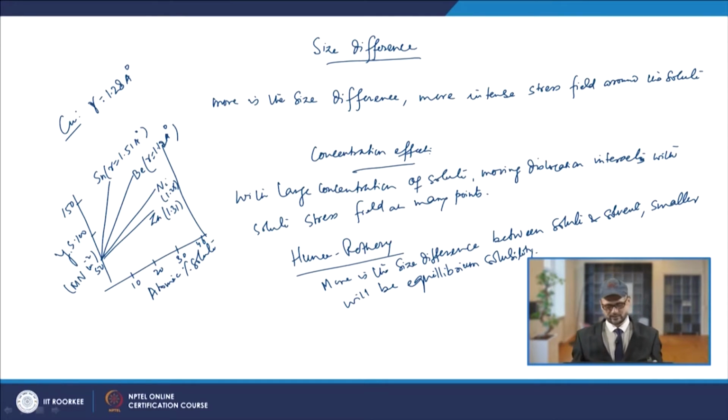And as we know, you are getting a very good engineering material in terms of steel, because the normal solubility of carbon is about 0.02%, and then it becomes 0.8% at the eutectoid temperature.